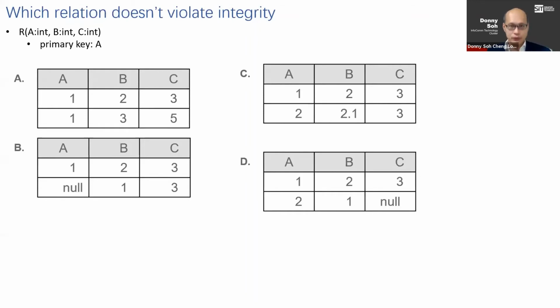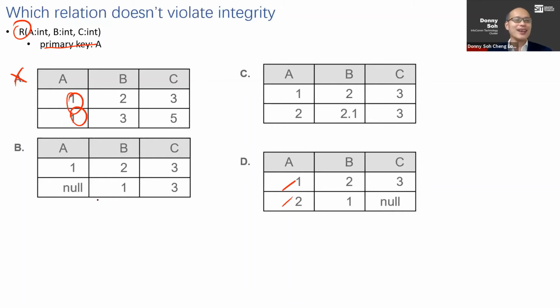Yeah, great. Very good. So the primary key needs to be unique. Before that, sorry. This relationship R, we know that the primary key is equal to A. So the primary key needs to be unique. Immediately we know that this can't be it because we have these to be the same. We also know that the primary key cannot be null.